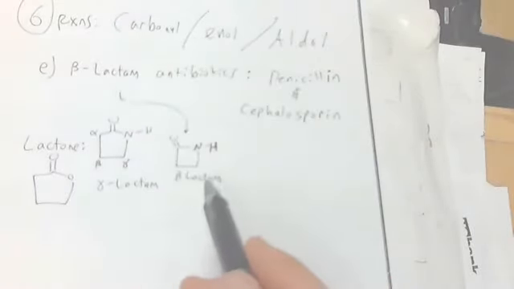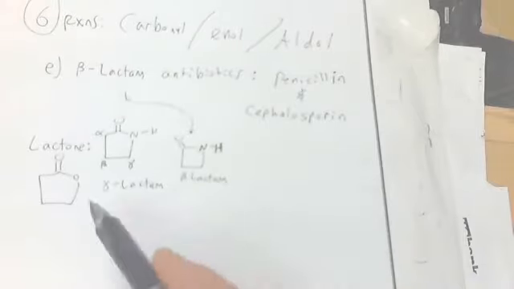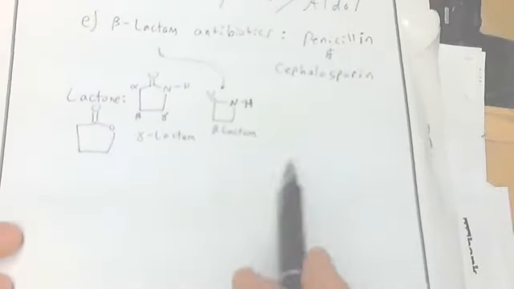Let me see here. It's kind of a big topic, so I'm just going to stop now and do this all in the asynchronous. Or maybe I'll show one example, and then we'll stop. I'll show one example, then we're going to continue in the asynchronous. So let's show a synthesis of one of these penicillin derivatives, and then I'll probably stop. Okay, so let's draw one.